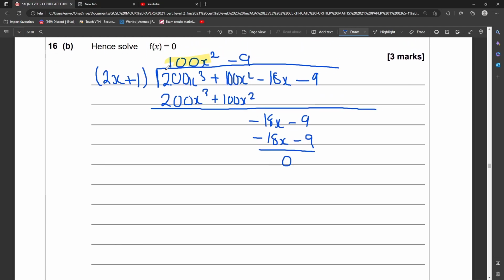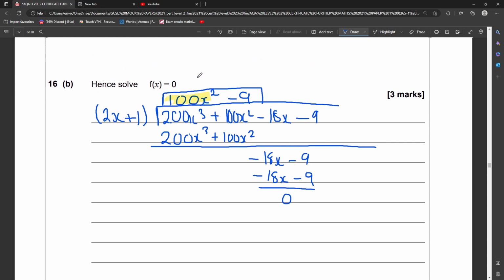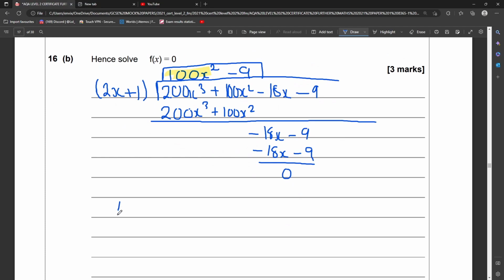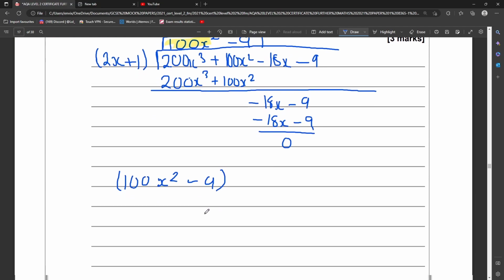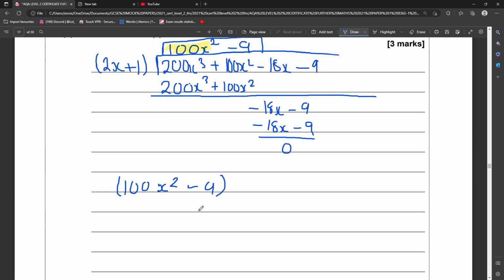Anyways, now we found the value. Now we divided it. We got the rest of the quadratic, the cubic, sorry, 100x squared minus 9, which we can factorize.